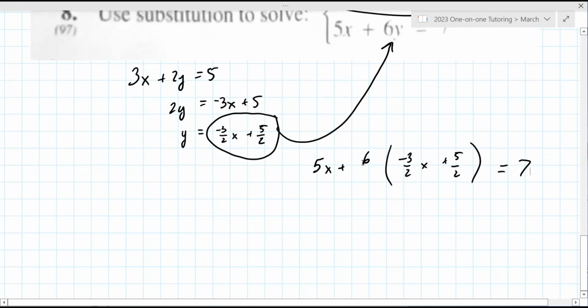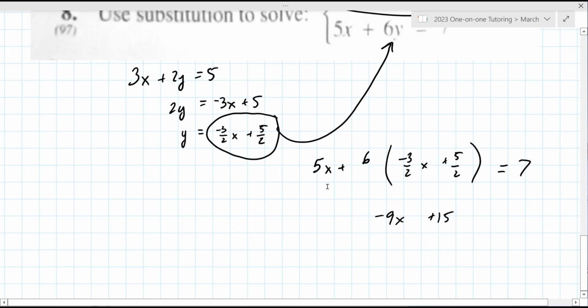And whenever you're multiplying in, it's better to divide before you multiply. So I know typically it's like 6 times -3 is -18, but if you divide first, the numbers get smaller. Division before multiplication, then you multiply. So it becomes -9x. 6 divided by 2 is 3. 3 times 5 is 15.